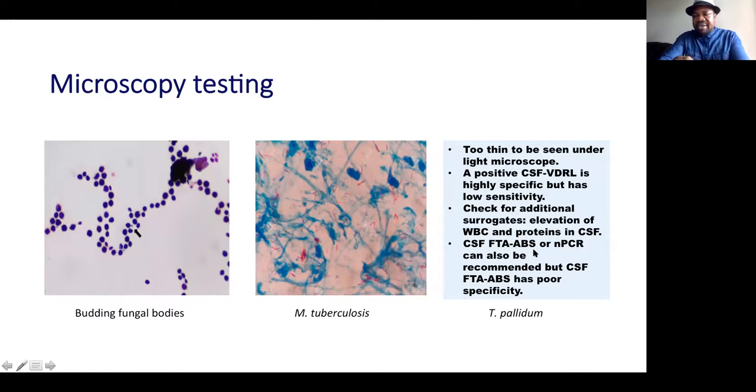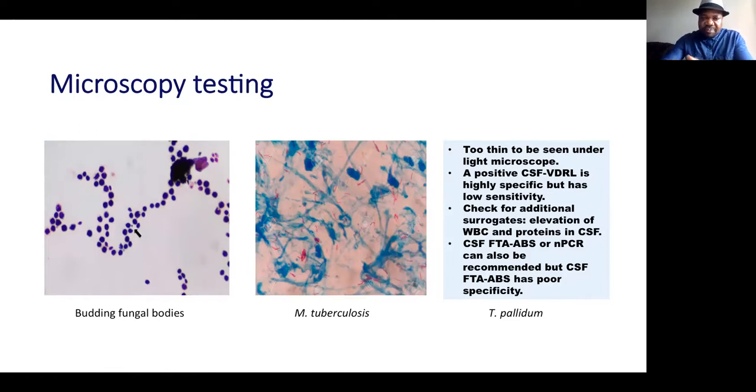Now, if it's neurosyphilis, the cause is Treponema pallidum, and it's a spirochete, usually too thin to be seen under the light microscope. So we have to do other specific tests to identify the presence of Treponema pallidum.